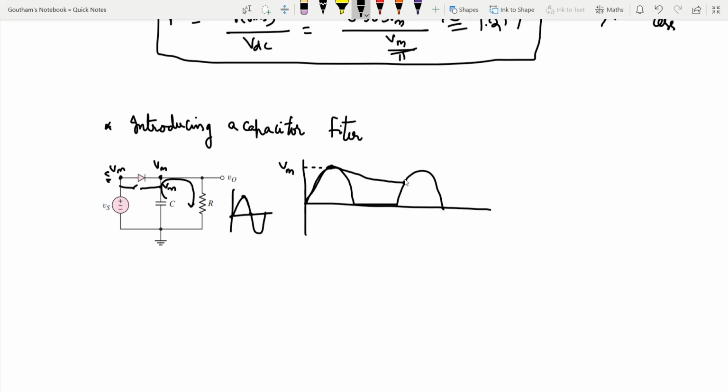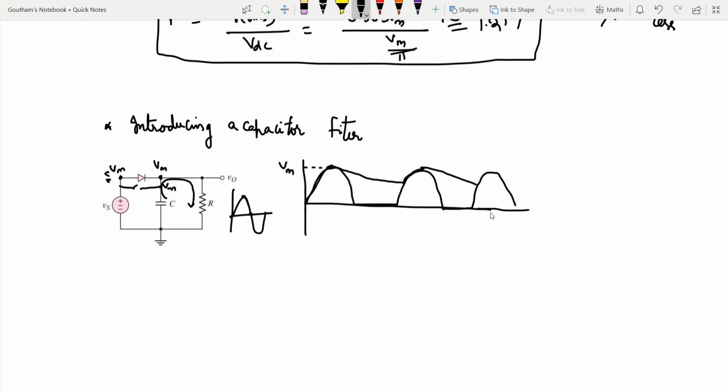Once the diode becomes forward biased again, the capacitor is charged to Vm, the peak value, again. Once the input goes below Vm, the capacitor discharges. So this goes on.